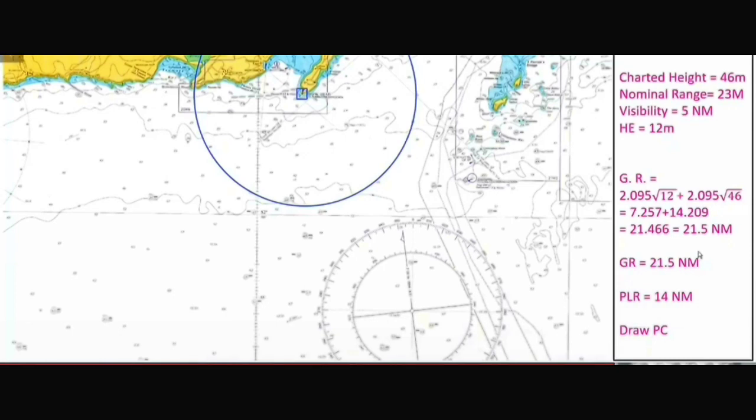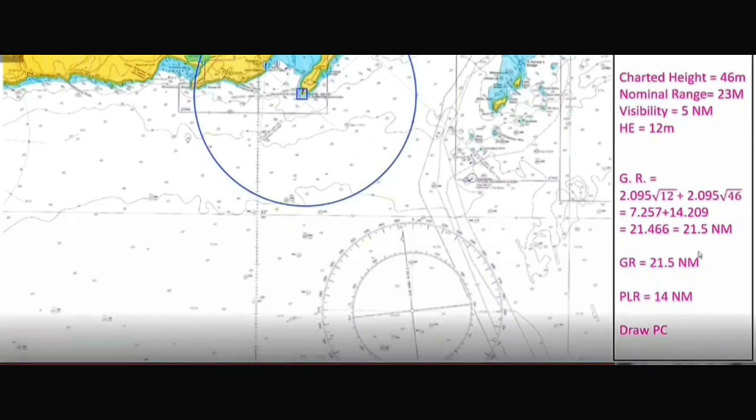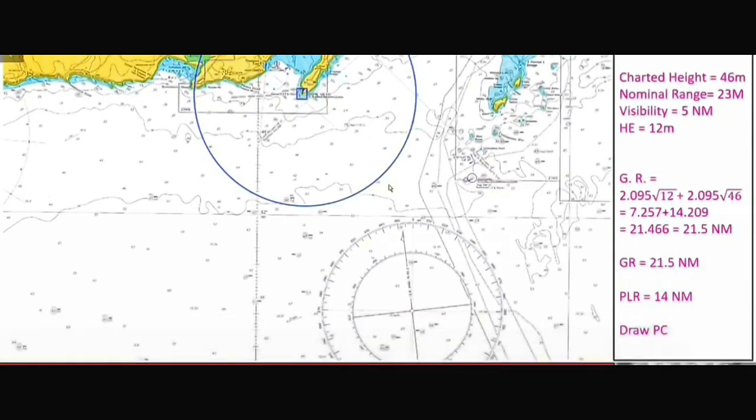So I hope now you'll have no confusion as to which range to use if the term used is raising or dipping, and which one to use if the term used is first sighting or last sighting. So beta, this completes our question on PLR, geographical range, first sighting and last sighting.